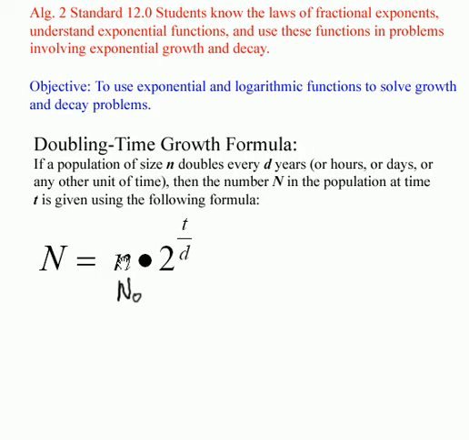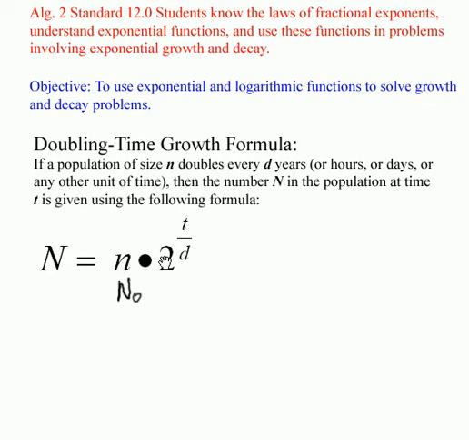This is our initial amount, and when things grow, we're going to end up with a larger amount, so I'm using a capital N to represent the larger amount. That way I think it makes sense in your understanding that we're starting out with less and we're ending with more in a growth formula. This particular growth formula is dedicated for growth that doubles. So that's a big old multiplication sign. Our initial amount times 2 because it's doubling.